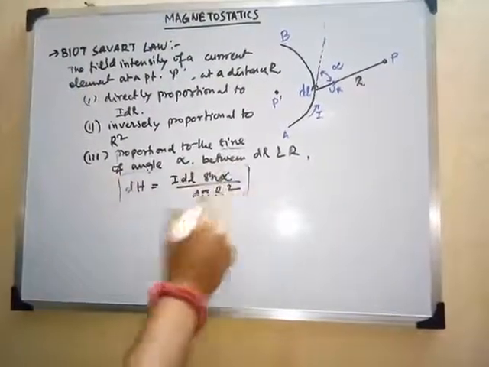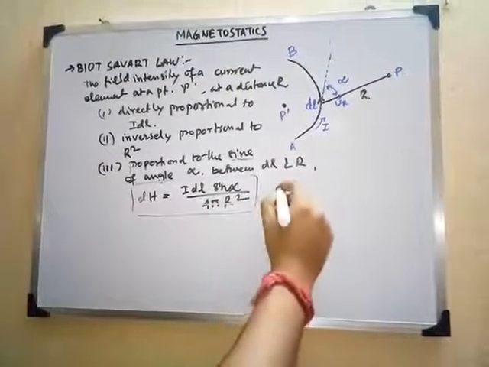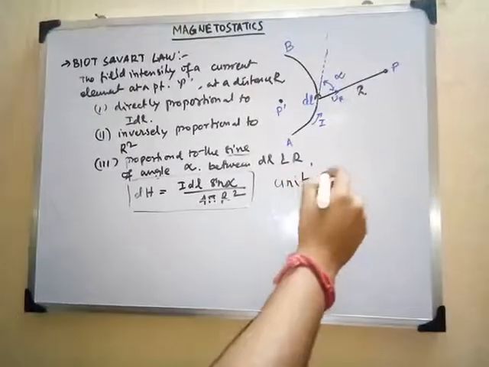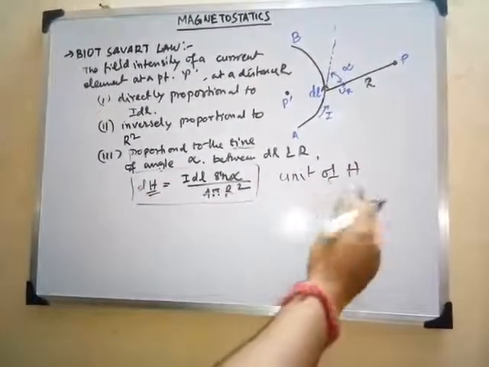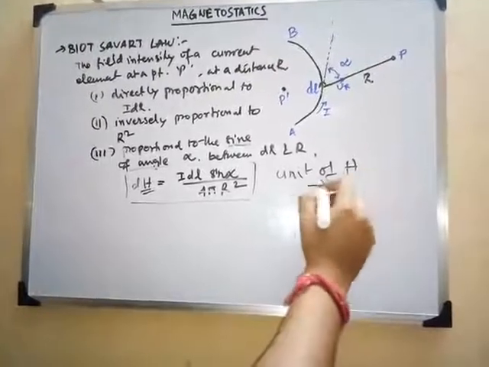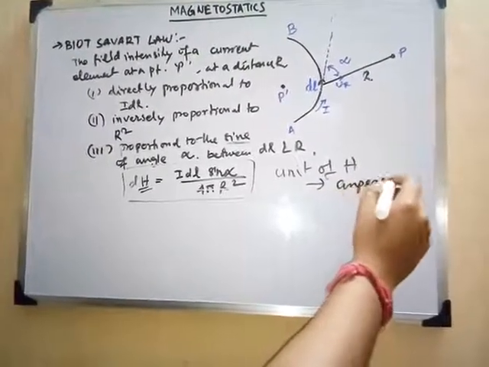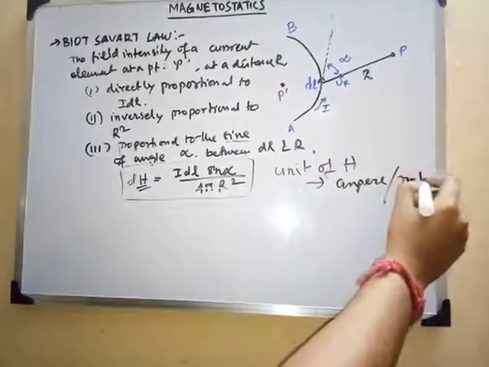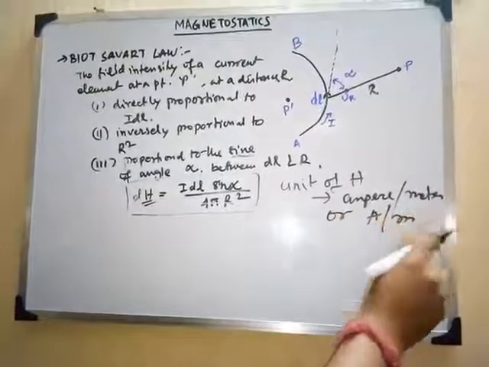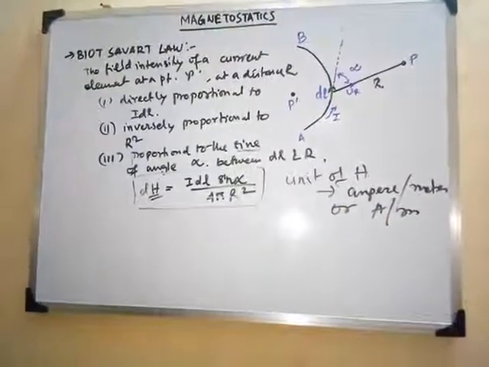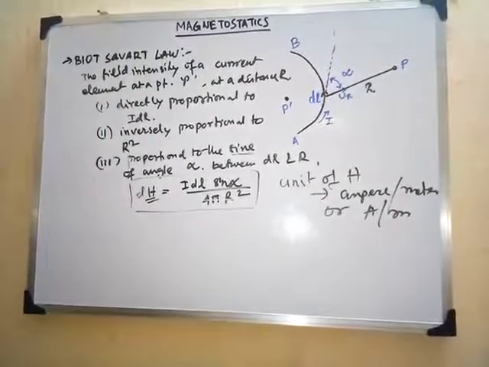This expression gives you the Biot-Savart law, and also you have to remember that the unit of this field intensity H will be ampere per meter, or A per M, right?